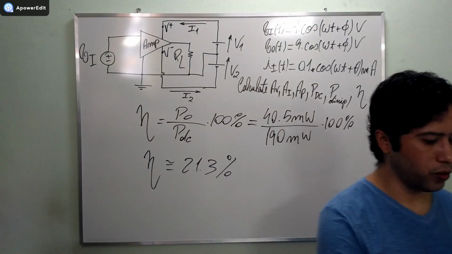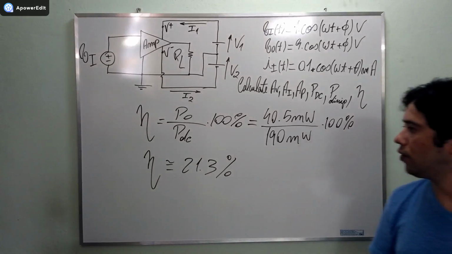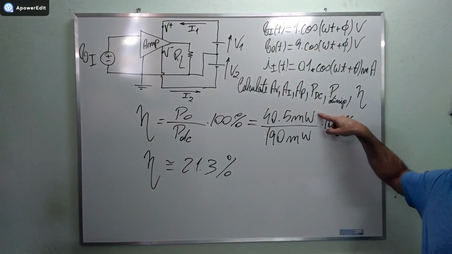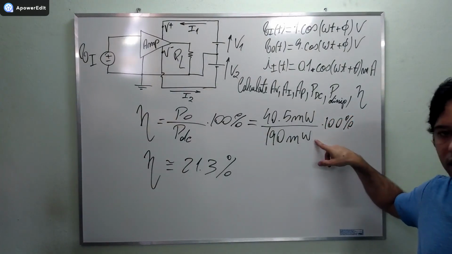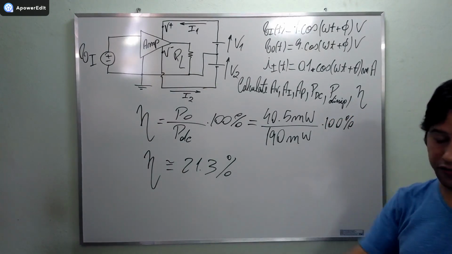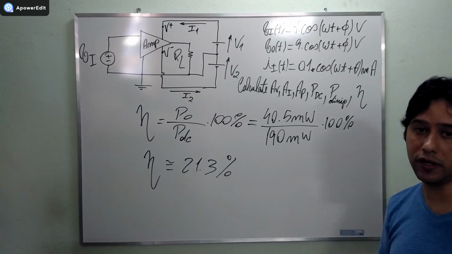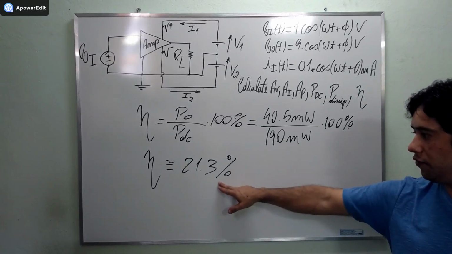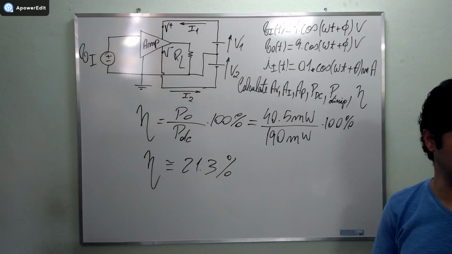All right, my friends, we can't have the denominator smaller than the numerator. Then the efficiency of the device would be more than 1, and that's impossible, okay? So the efficiency has to be less than 100%.